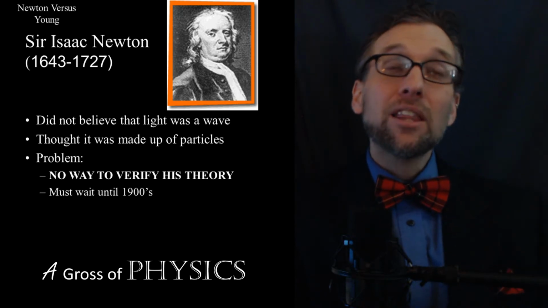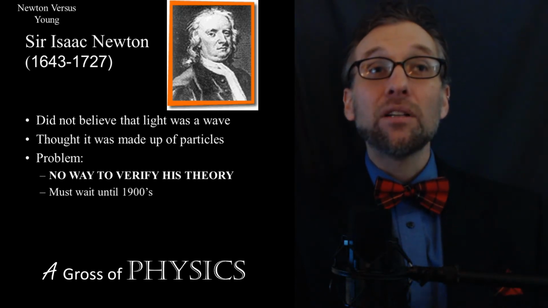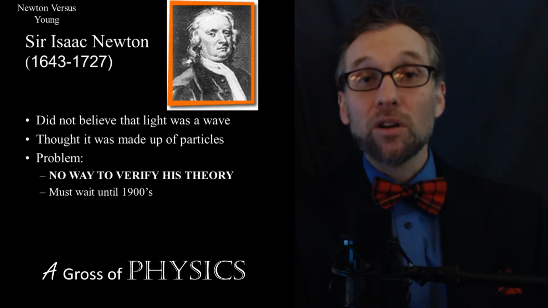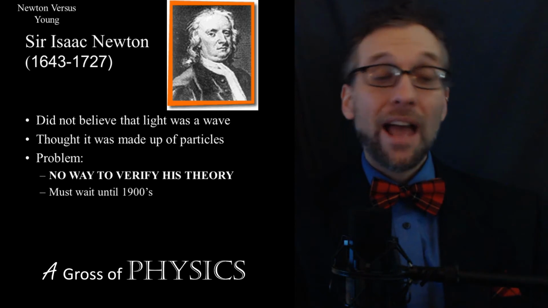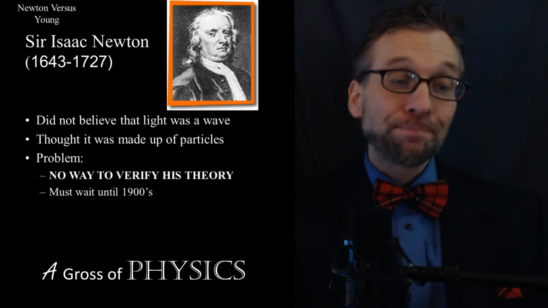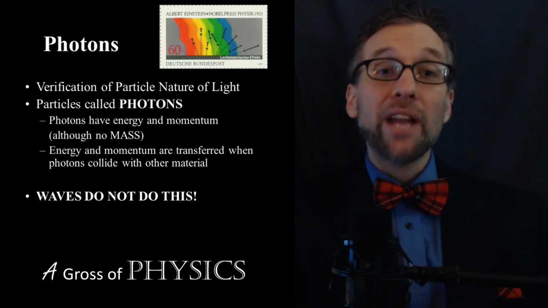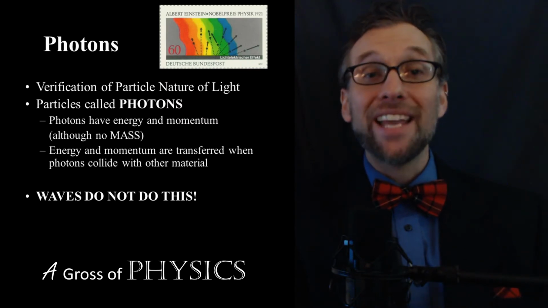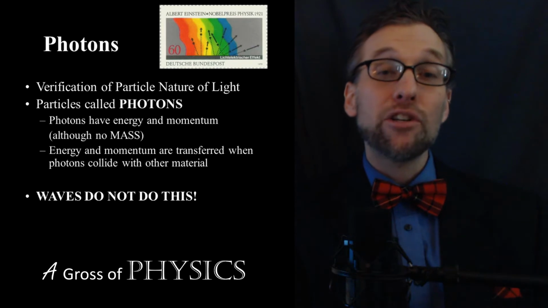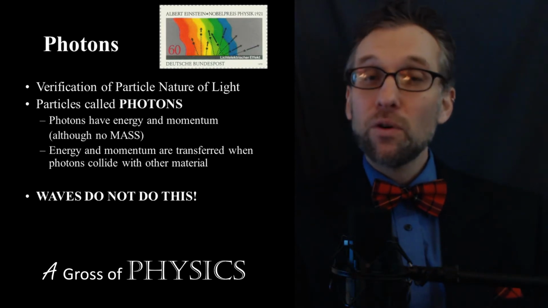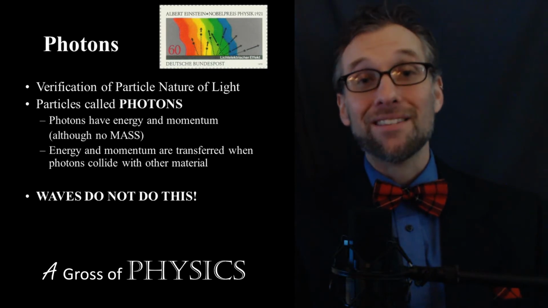And he thought of light as a packet of little bits of waves that acted as particles, and he called those photons. And photons would have momentum, and they would be able to interact with other objects, hit into them, and exert energy similar to how particles act.